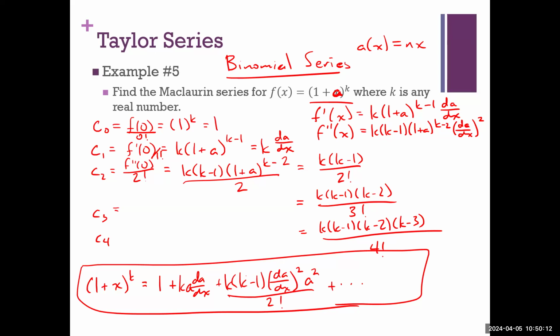So these come from how, in general, we find a Taylor series. In general, a Taylor series or a Maclaurin series looks like this. Or I guess a power series in general looks like this: c sub n x to the n.